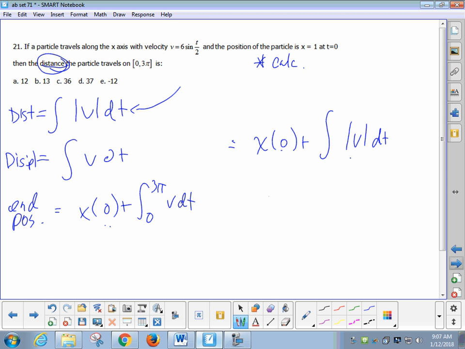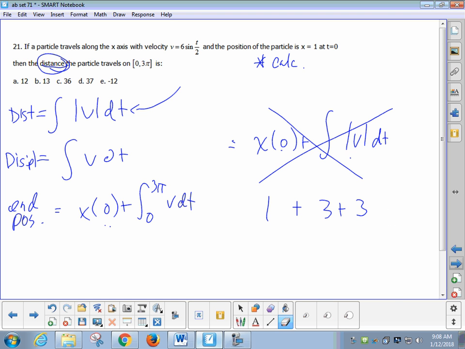What would 1 plus 3 plus 3 mean in terms of the problem? My starting position plus I went 3 right and 3 left equals 7. What does it signify? Nothing. It means nothing. 7 means nothing. Okay? So this is not ever it. It has zero meaning. It should have been this. Do not be fooled. Do not use the distractor. It's that. Okay?